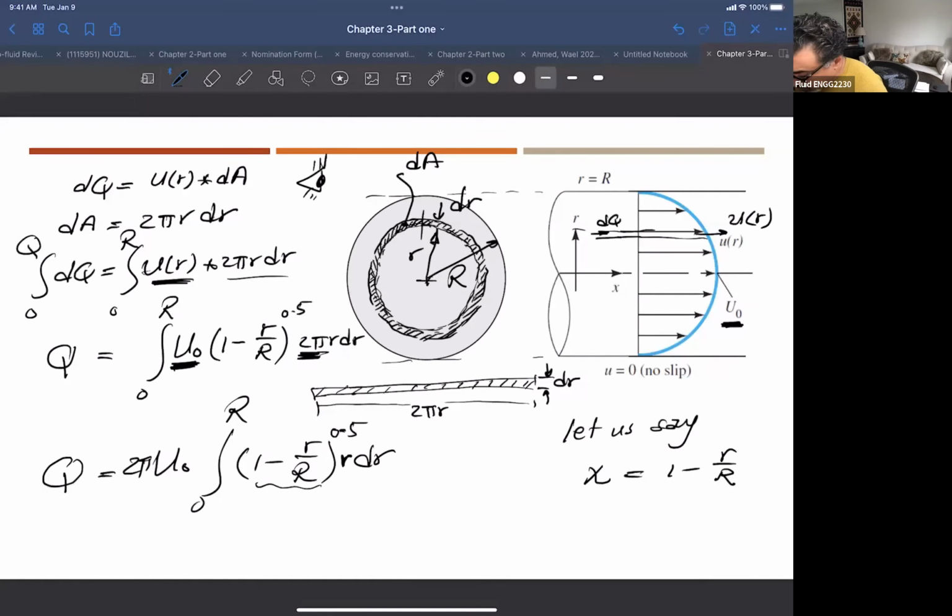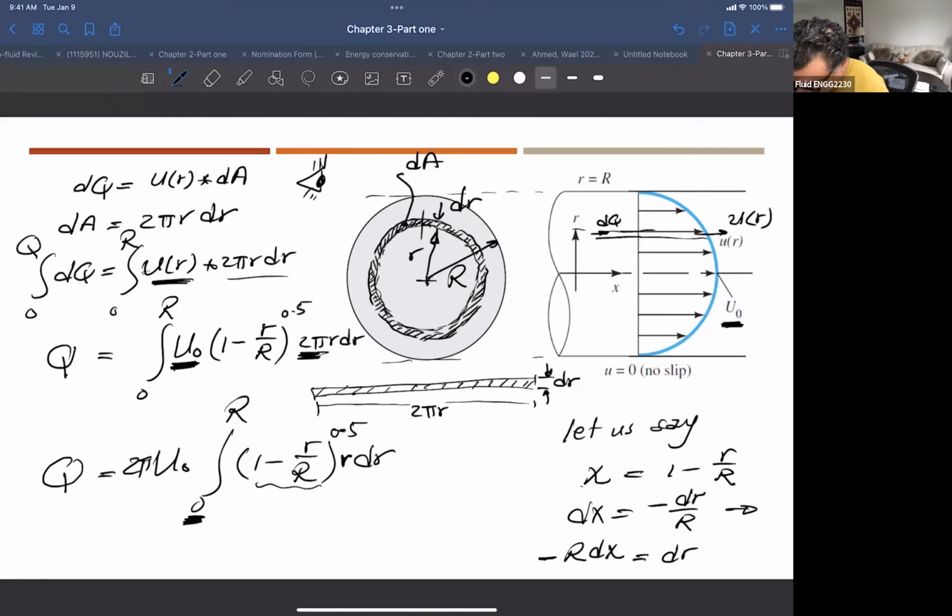So if I have x equal to 1 minus r over R, just any variable x to simplify it, then dx means I differentiate x with respect to r. So the 1 is going to be 0, and then minus dr over R. So this is one of the things, which means that dr here is minus R dx.